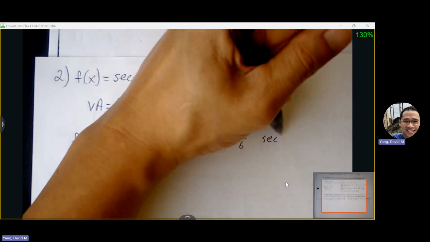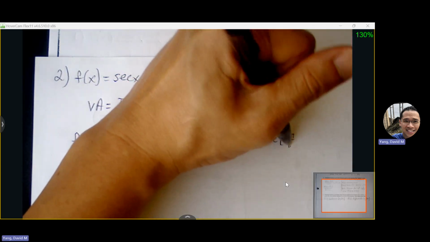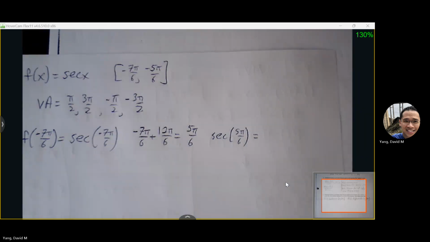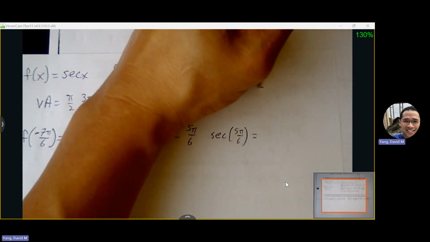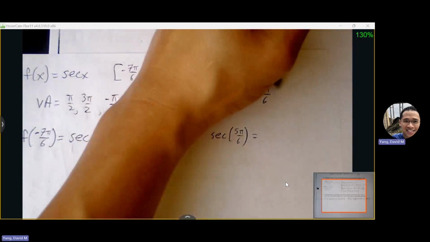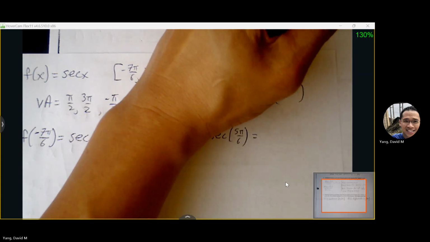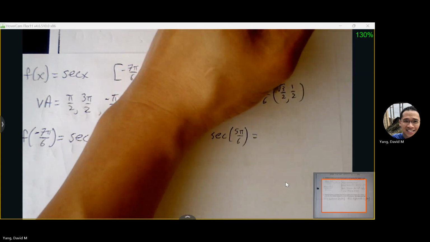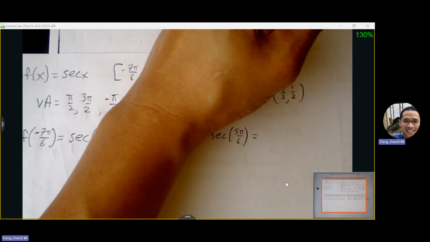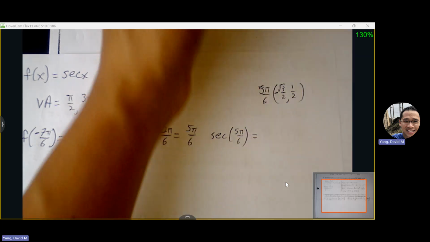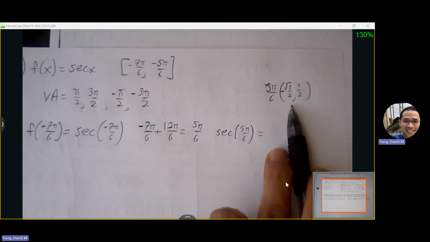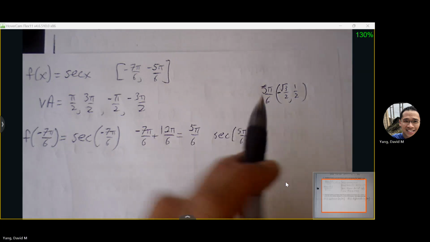So secant of 5 pi over 6 is going to be in that pi over 6 family. Negative x, positive y. Secant is the reciprocal of cosine.